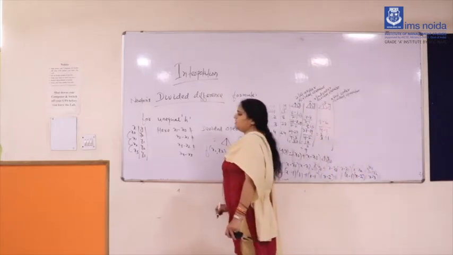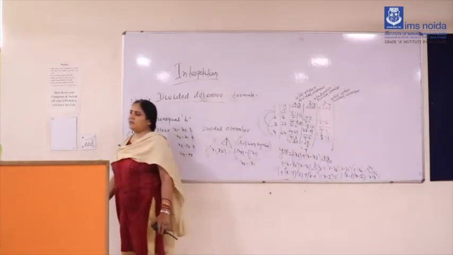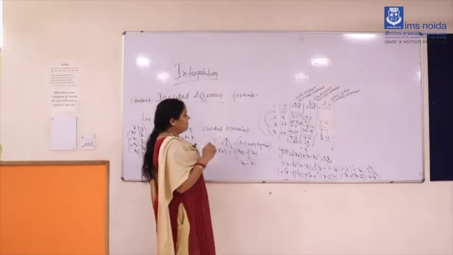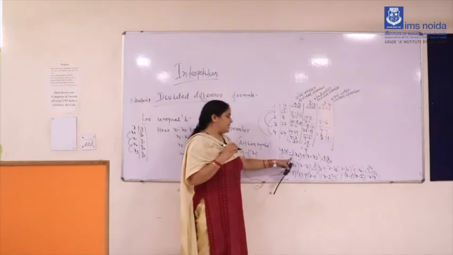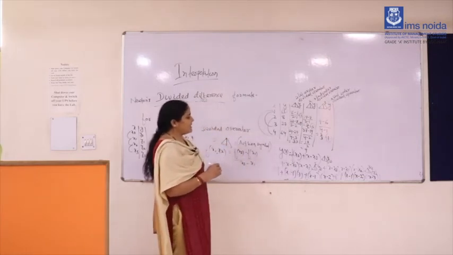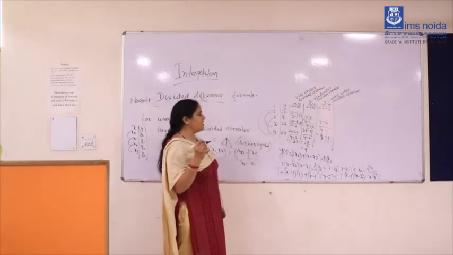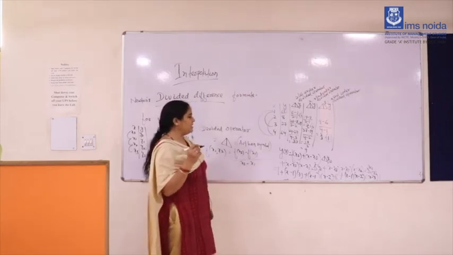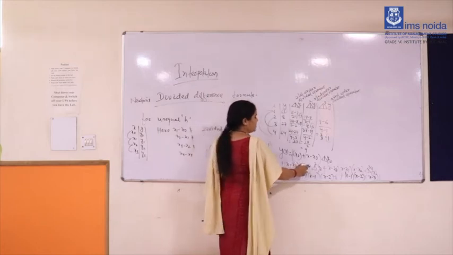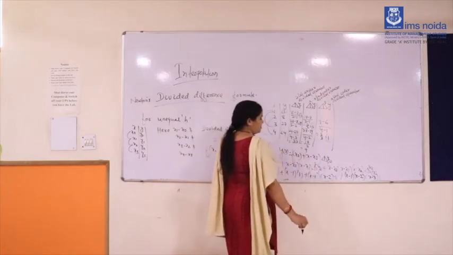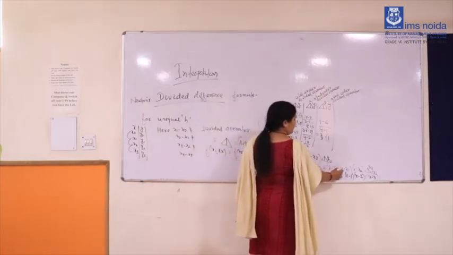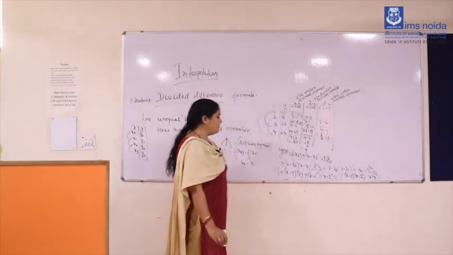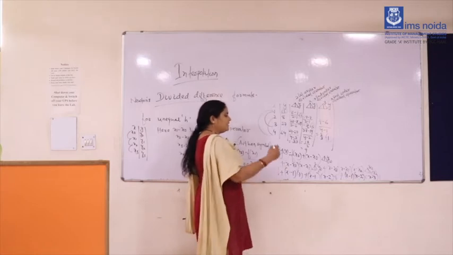So you can put the values like this and calculate Newton's divided difference formula: f(x0) plus (x minus x0) into first order divided y0, then (x minus x0)(x minus x1) into second order y0, plus (x minus x0)(x minus x1)(x minus x2) into third order y0, plus likewise.